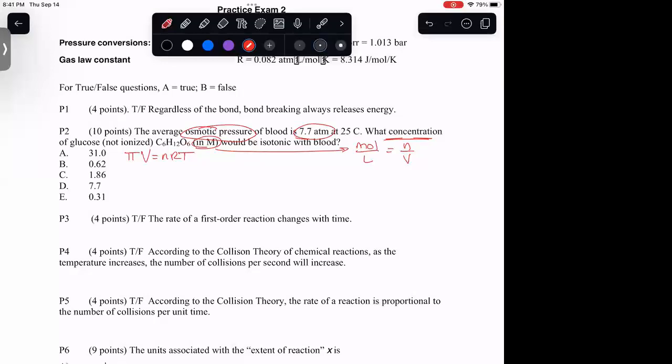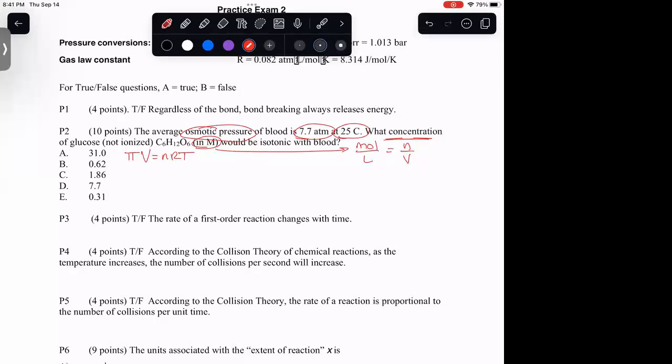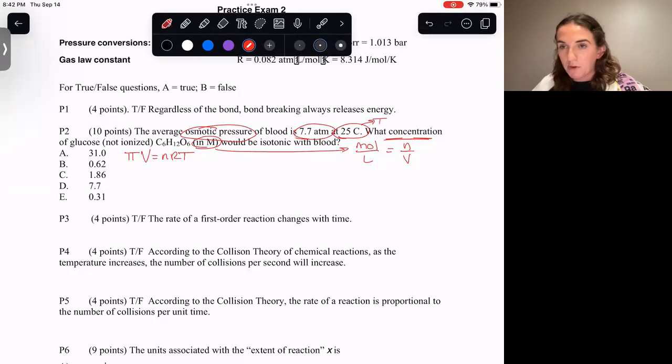Honestly, I don't know. That's okay. Can anyone help him? All right, so it can't be n, it can't be V. What is 25 degrees Celsius? Well, that's T. So we're left with pi and we're left with R. Do we know what R is?